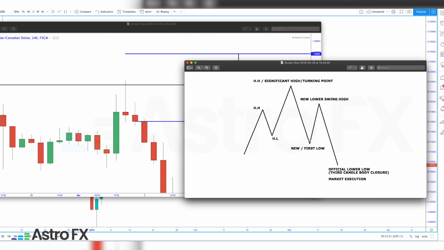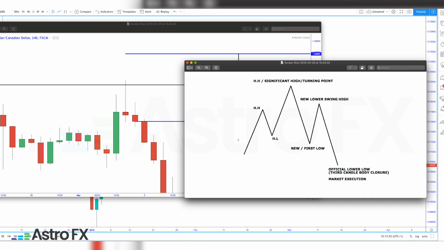Then the market pulls back up for another, let's say, lower swing high, or it could be a right shoulder right here. Then, boom, the closure of the body, which is there in this case, official lower body, 3rd candle body closure. This is the market execution.